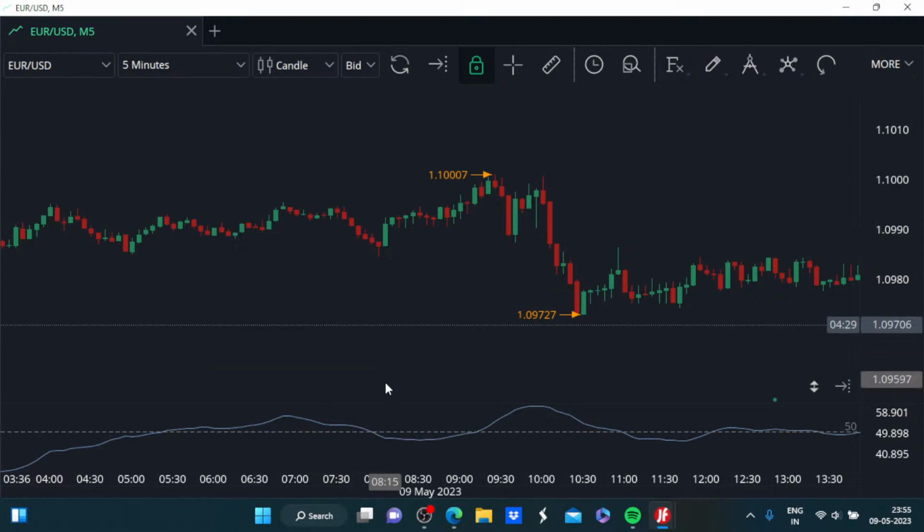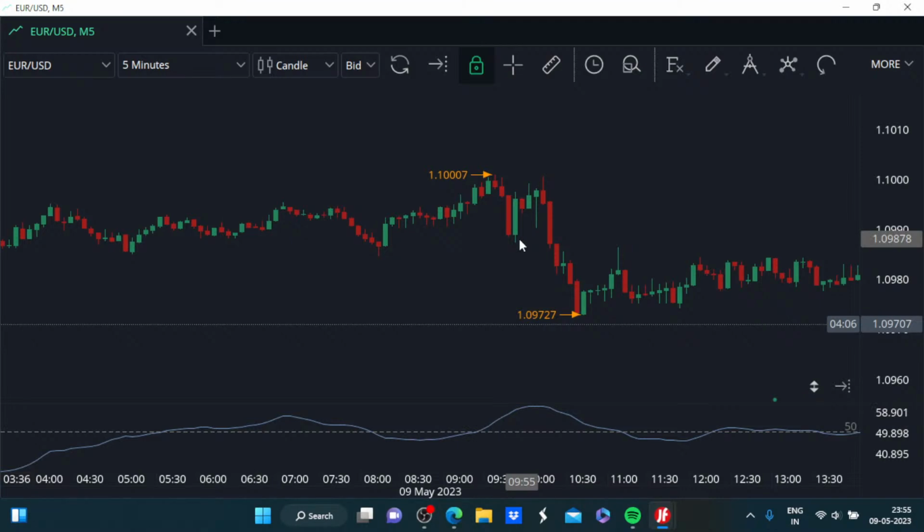Here, if you were to short it, the Euro USD didn't really decline much. It remained sideways around the same price level. Then it rose, but not much, around 7 to 8 pips. And at that point in time, we had the inertia crossing over and rising, indicating a bullish stance.